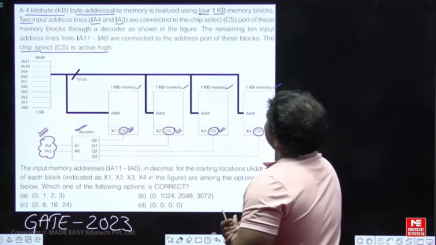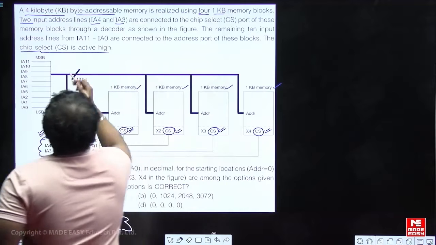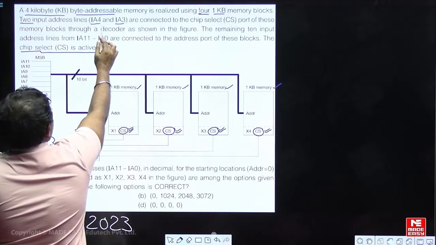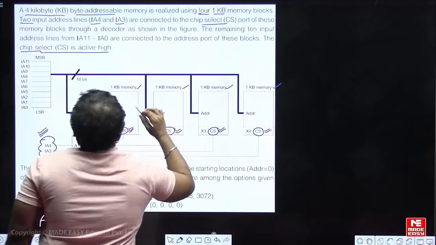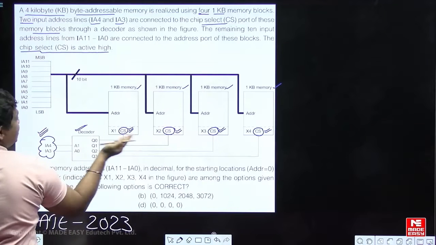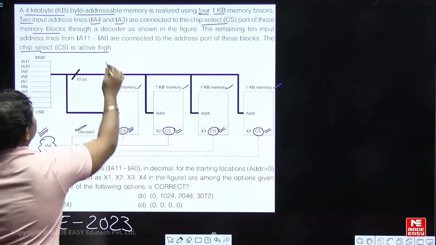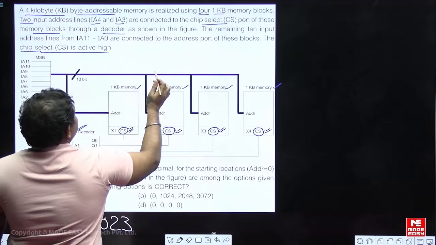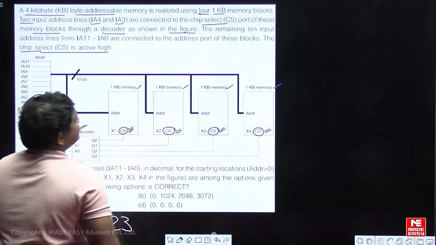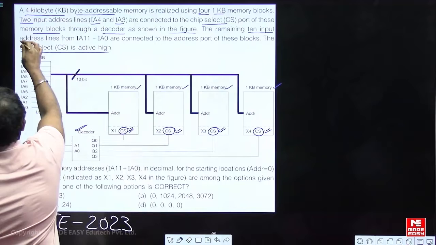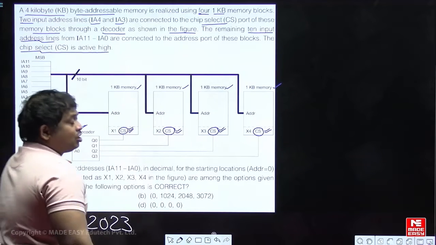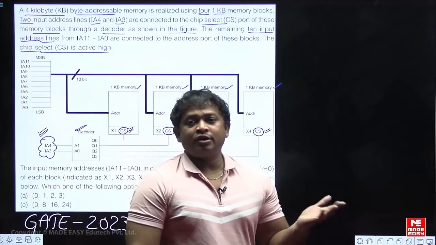Now, input address lines IA4, IA3 are connected to the chip select port of these memory blocks, as I already explained, through the decoding circuit shown in the figure. The remaining 10 input address lines: total 12 address lines because 4 KB.